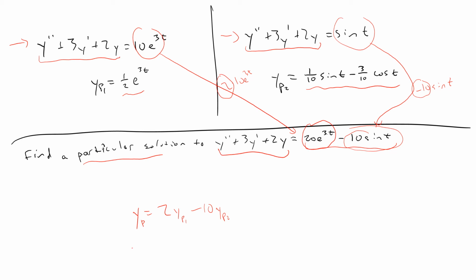So then what this will look like, it would be 2 times my first particular solution, 2 times 1/2 e^(3t) is just e^(3t), minus 10 times my second particular solution. 10 times 1/10 is just 1, so I have minus 1 sin t.